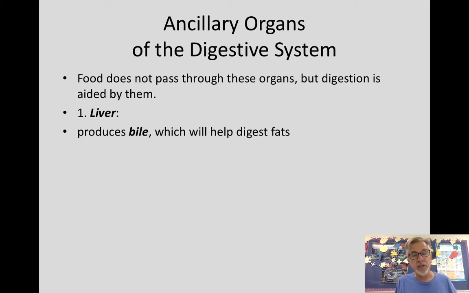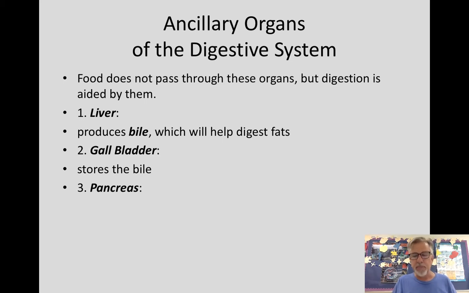It does other things as well, as we will learn later, such as detoxifies toxins in the food. But it produces bile, and bile is going to be especially important in the digestion of fats, as we will see later on. Next, we have the gallbladder, and the gallbladder's entire job is to store the bile. So the bile gets produced in the liver and then stored in the gallbladder.